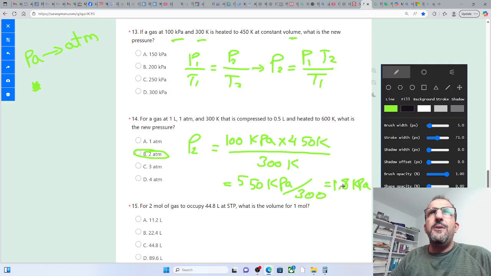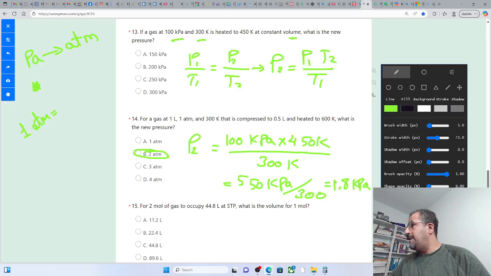Okay, so 1 atmosphere is equal to 1 point, let's try to figure out this conversion.